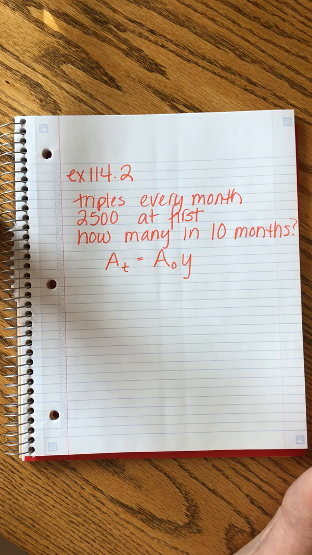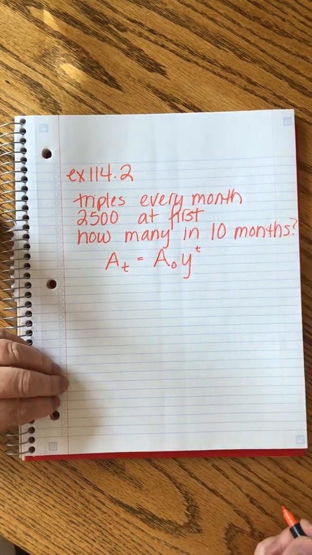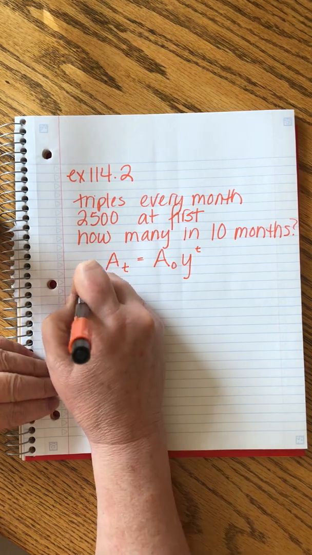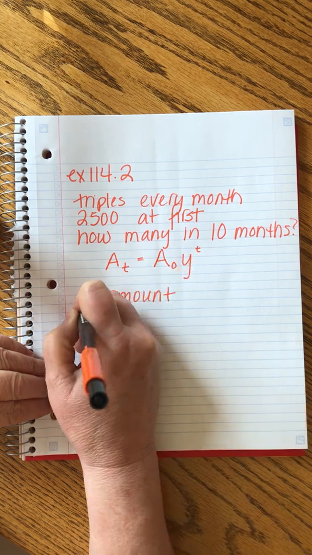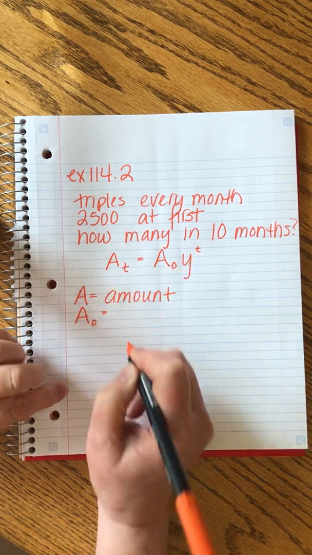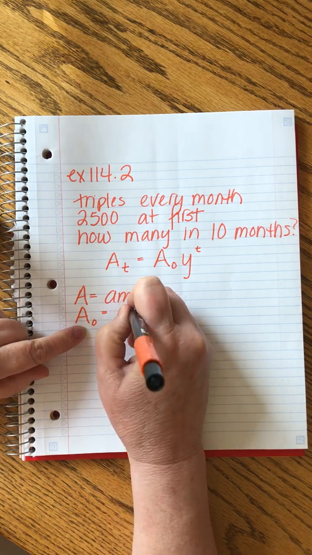I'll explain. And then T is the number of months. Okay, so let's write this down. A equals the amount. A with a little, you can see it as either an O or a 0, is the original amount.